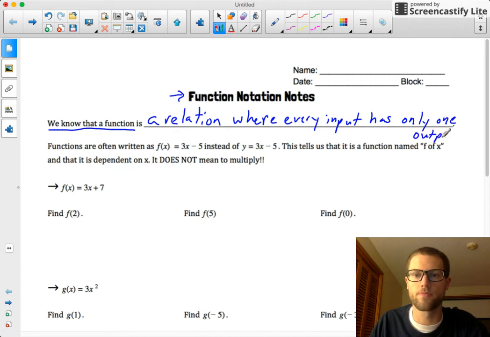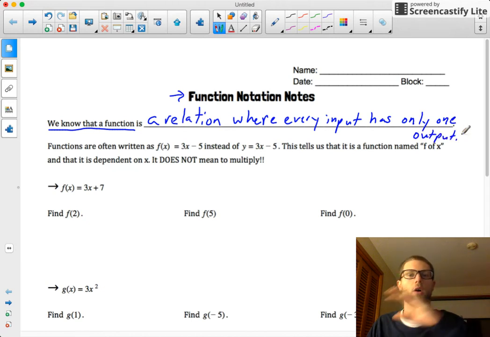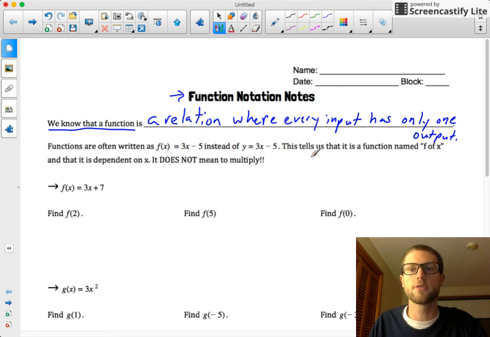That's important. That's what sets it apart from all other relations. So remember, every function is a relation, but not every relation is a function. It's only a function if every input has only one output.